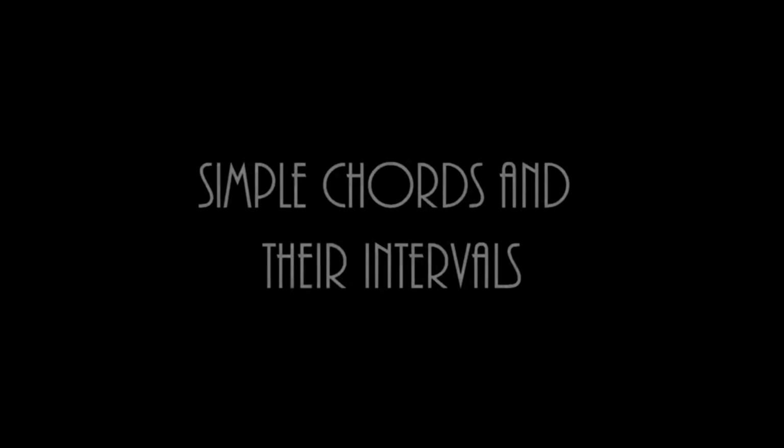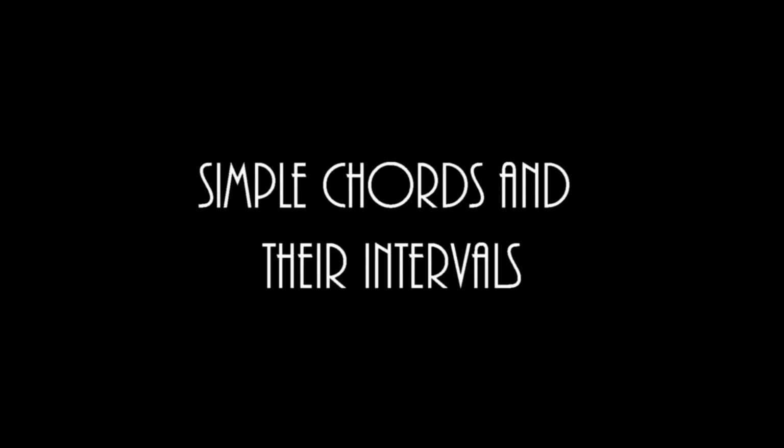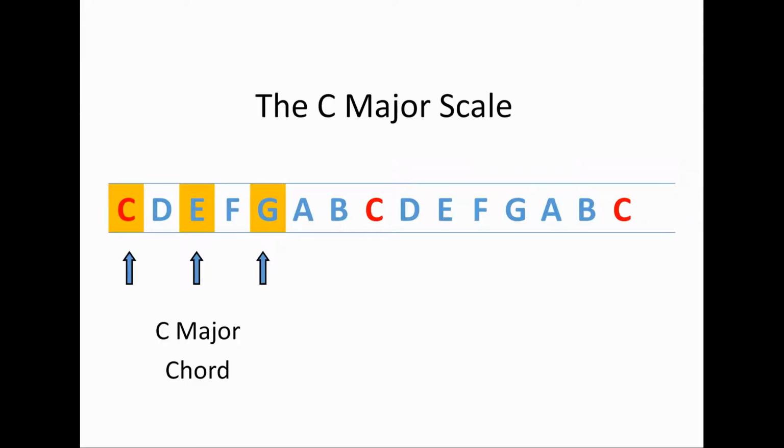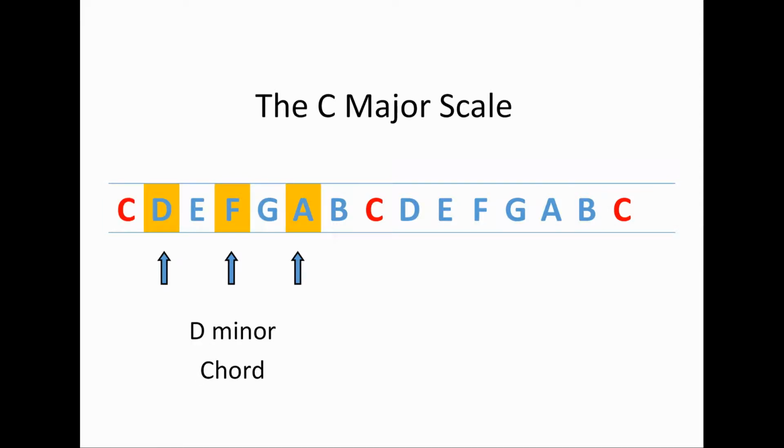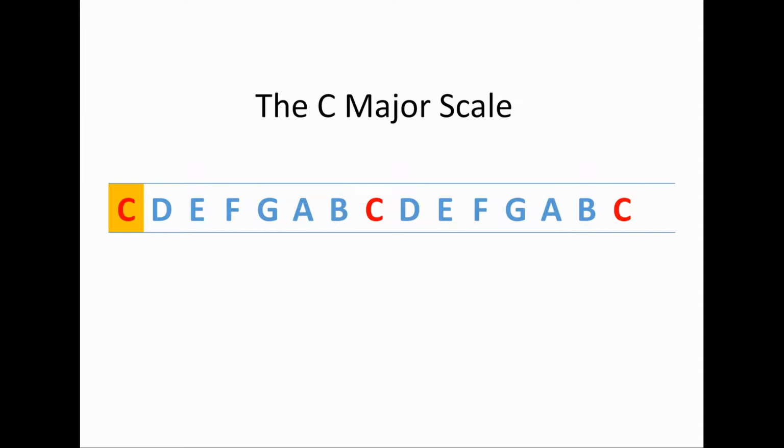At this point let's pause a while and take a look at the 2 chords that we just created. If we look at the C chord and then we look at the D minor chord, you might see that there's a similarity in the way the chords are constructed. From the first note of each chord, we then skip the following note, then use the note after that.